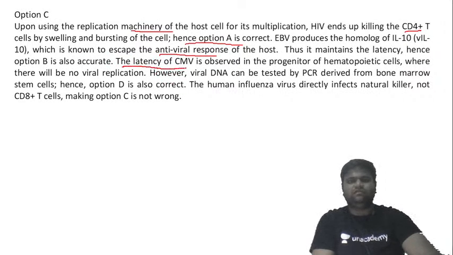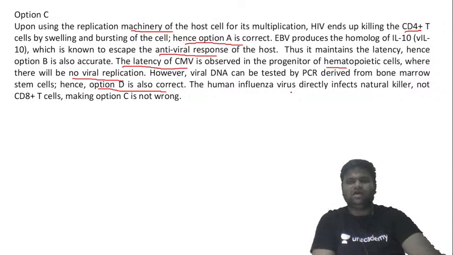The latency of cytomegalovirus is observed in the progenitor hematopoietic cells, where there will be no viral replication. However, viral DNA can be tested by PCR derived from bone marrow stem cell. Hence option D is also correct.